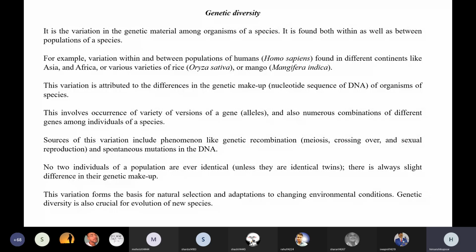But when it becomes hereditary, when it changes the expression of the gene, then the mutations are concerning. Mutations that lead to diseases in individuals are deleterious. So that should be avoided.